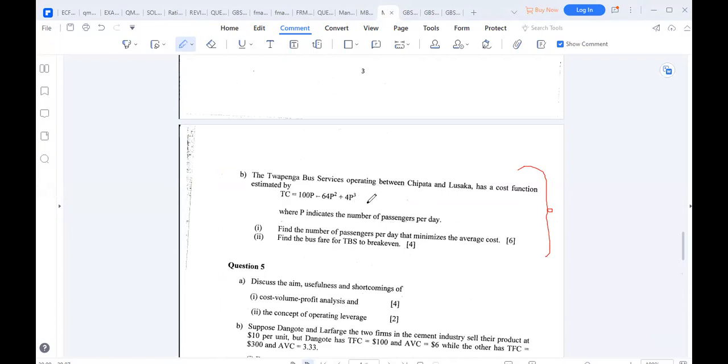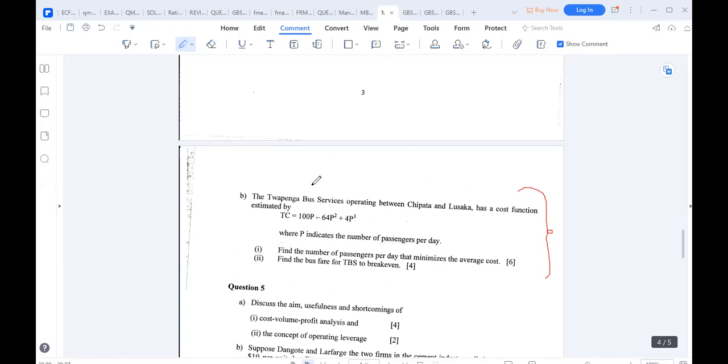Okay. Get your pens. You write the total cost function here. This is under cost theory. So find the number of passengers per day that minimizes the average cost. So to minimize, we find what? The total costs, differentiate it and equate to 0. What are we minimizing?